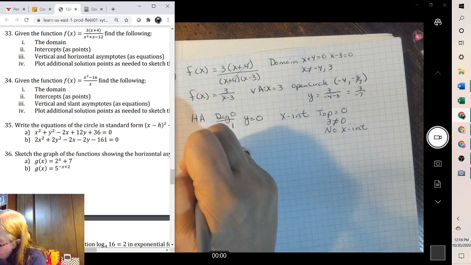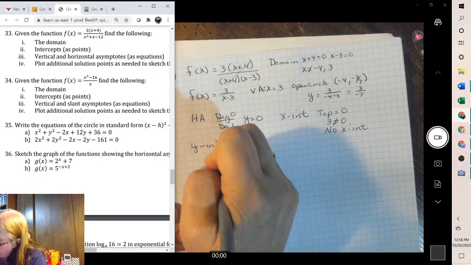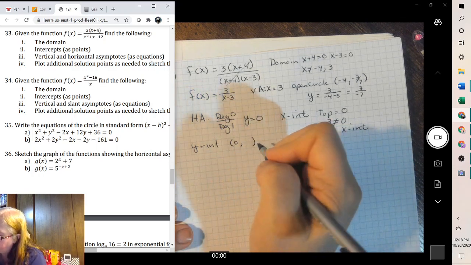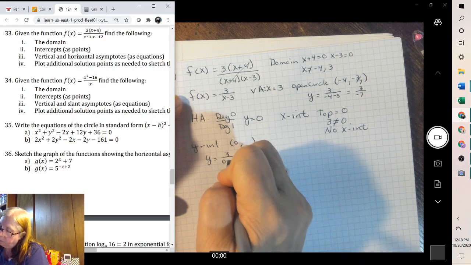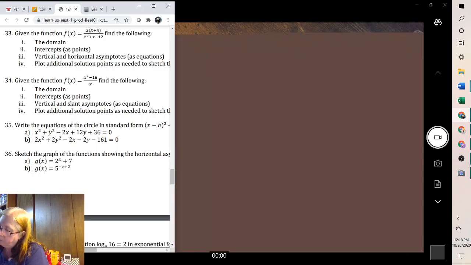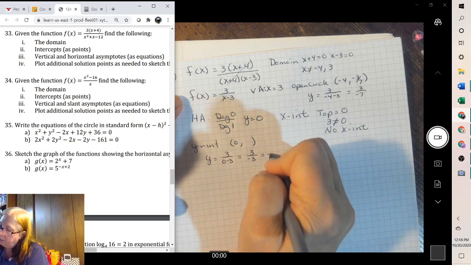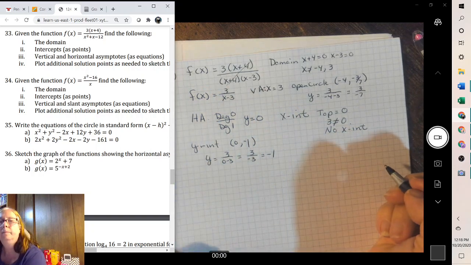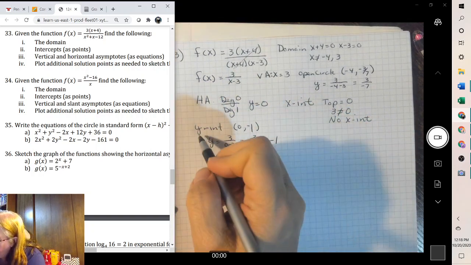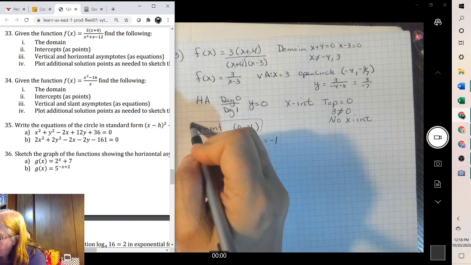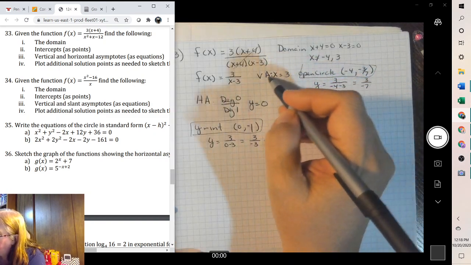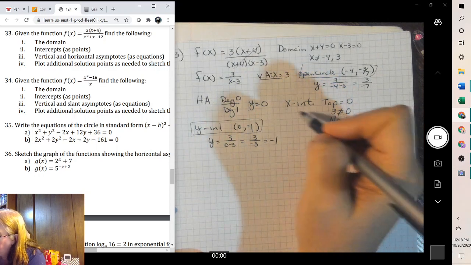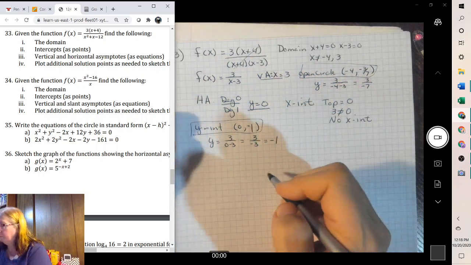The Y-intercept, we let x be 0. 3 over 0 minus 3 is 3 over -3, which is a -1. So we have this point, we have our open circle point, and we have our 2 asymptotes.